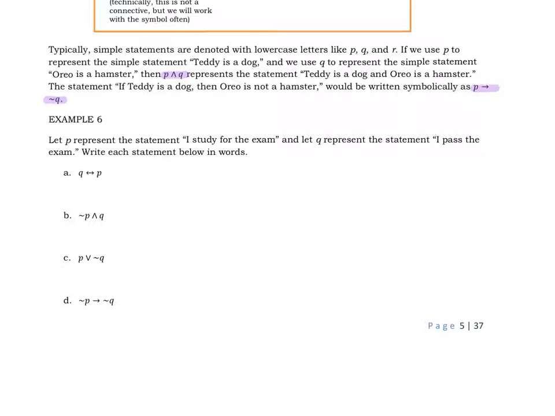Okay, so Q is the statement, I pass the exam. Okay, so I pass the exam. Then we've got that symbol in here. Okay, that's our biconditional. So if and only if. P, I study for the exam.